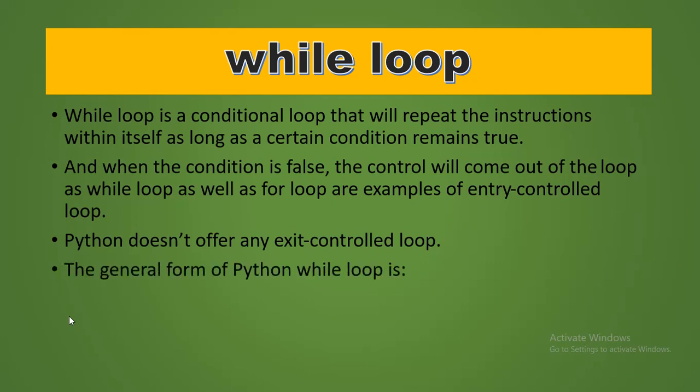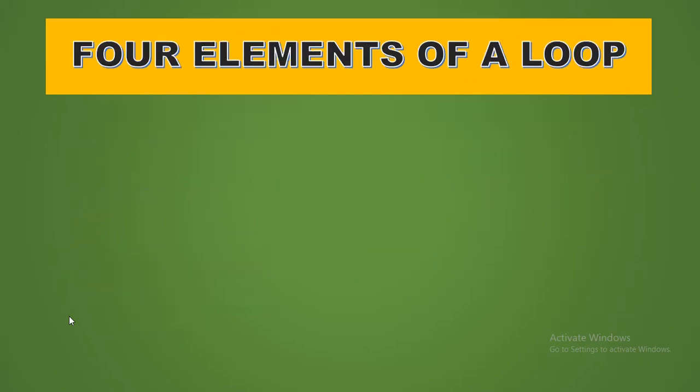The general syntax of while loop is while, logical expression, and the body of loop. Remember that we have to put colon after while statement as well as after for statement, as these two statements are also compound statements which have a header as well as body.